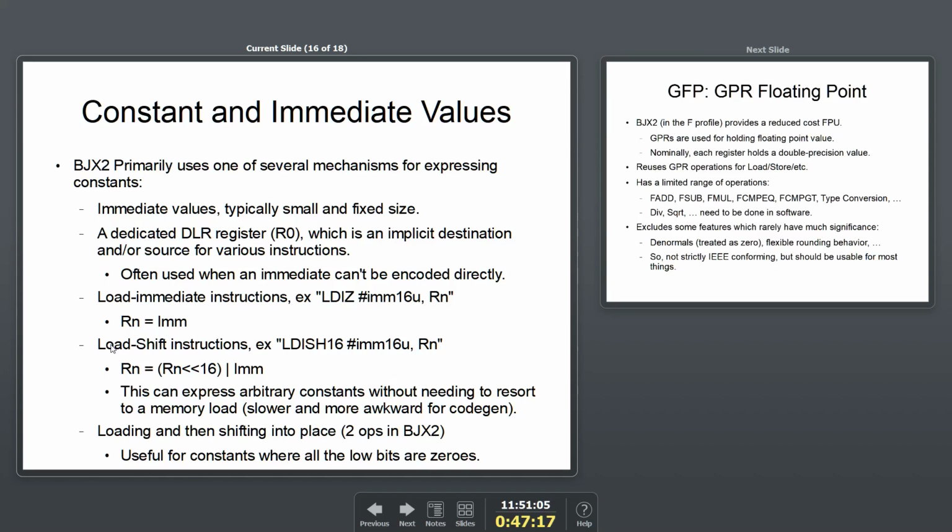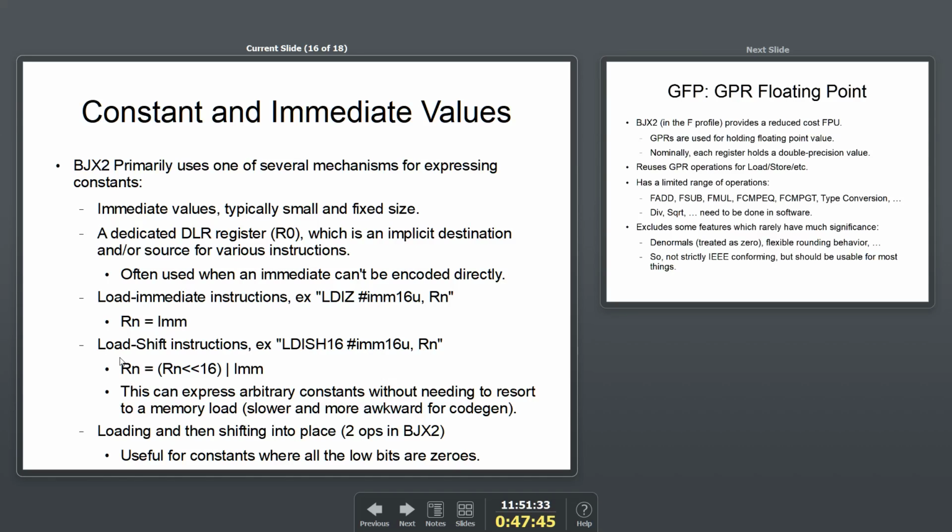So load shift instructions, which basically shift the destination register left by a certain number of bits, and then just tack the bits into the low part of the value. These can express arbitrary constants without needing to resort to a memory load, which is slower and more awkward for code generation.